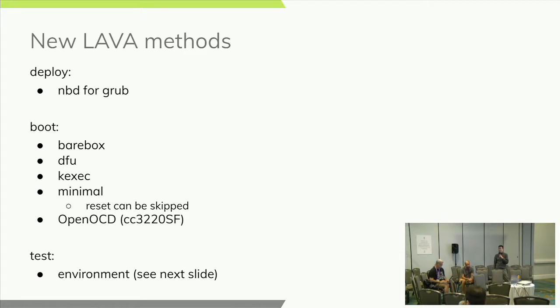Is it possible to just use DFU without U-boot? Yeah, sure. If you boot the board and it goes into DFU mode, yes. That was already supported for a long time, just using hardware DFU. So the new improvement is to use the U-boot-based DFU, the U-boot implementation.